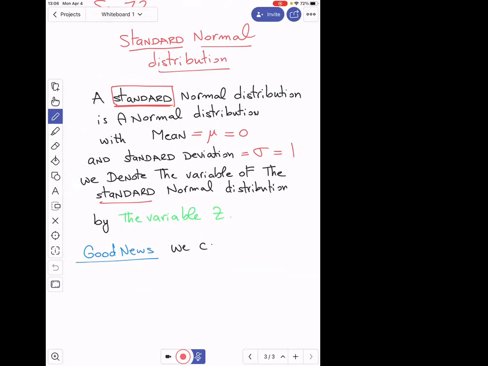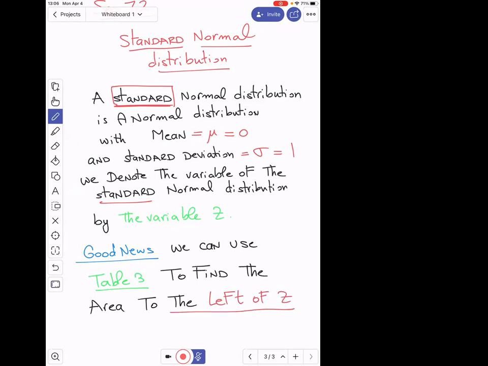So we can use table number 3 in the formula sheet to find the area to the left. It's only the area to the left given by table 3. The area to the left of any value of Z.